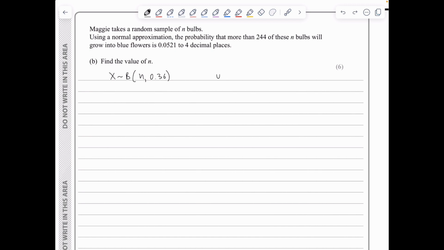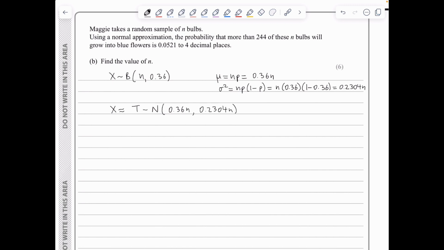So the mean mu is found by doing np, which is going to be 0.36n, whereas the variance sigma squared will be np times 1 minus p, which is n times 0.36 times 1 minus 0.36, and this gives an answer of 0.2304n. So we know that x will be approximated by a random variable, say T, which follows a normal distribution with mean 0.36n and variance 0.2304n.